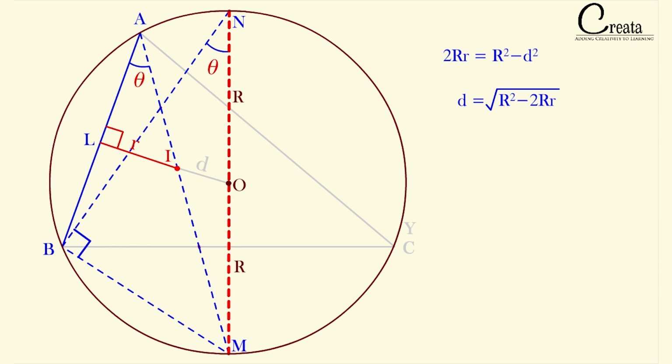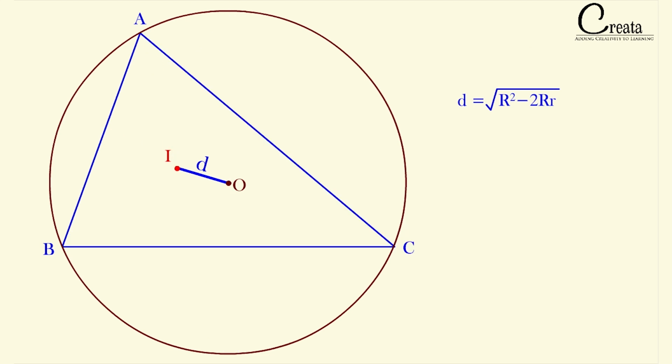This is our formula, that is the distance between incenter and the circumcenter. So we got the formula of d, that is the distance between incenter and the circumcenter, is root of capital R square minus 2 times capital R into small r. This is a very important formula. This formula will be used in solving the distance between these 2 points. And the questions are generally asked based on this formula.